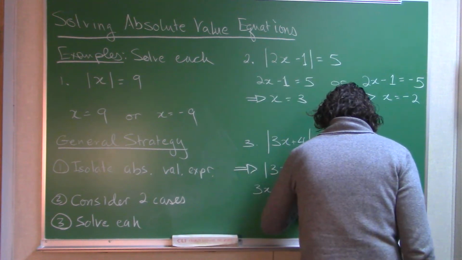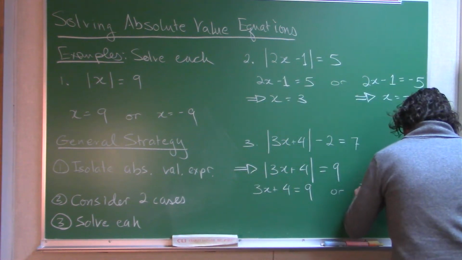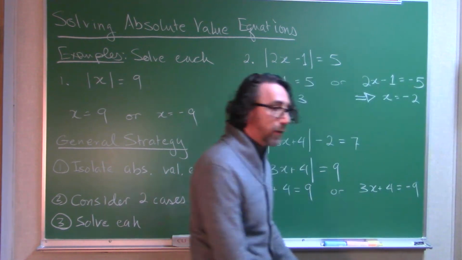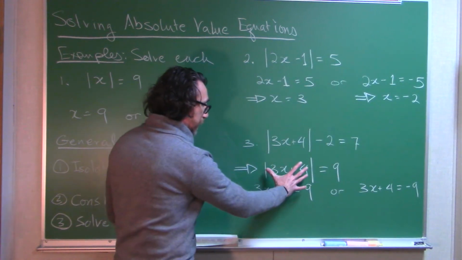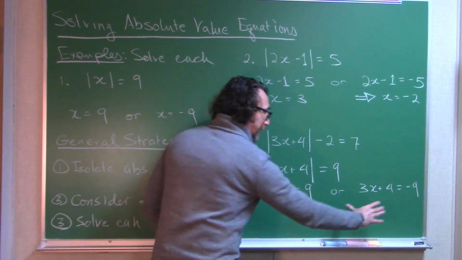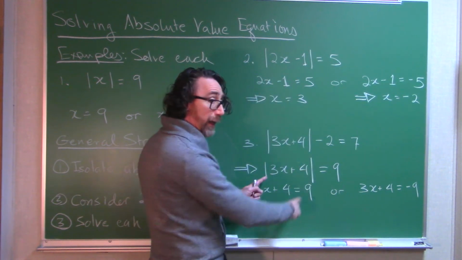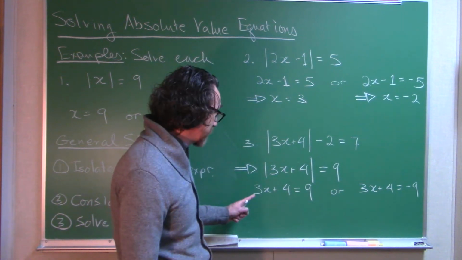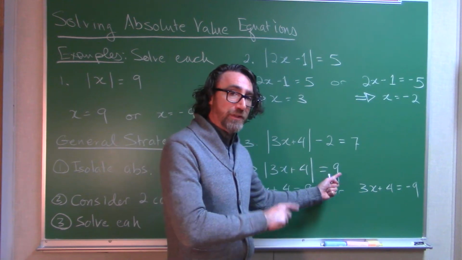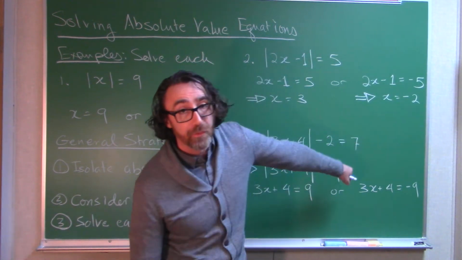All right, so here's our two cases. 3x plus 4 could be 9, or 3x plus 4 could be negative 9. Once again, notice, I took the expression inside the absolute value. That exact expression is in both cases. I've got absolute value of 3x plus 4. Each case involves 3x plus 4. I'm changing the sign of the thing on the other side.